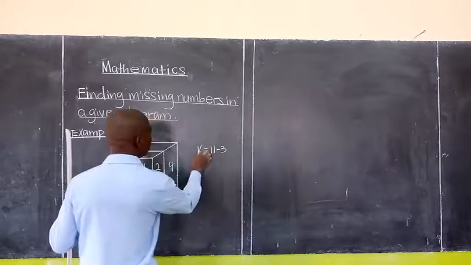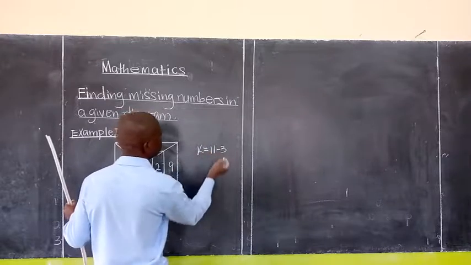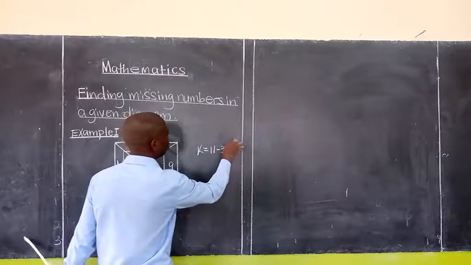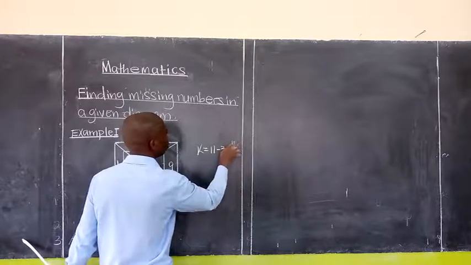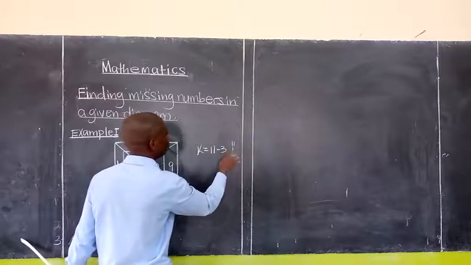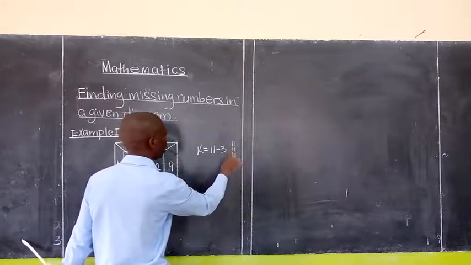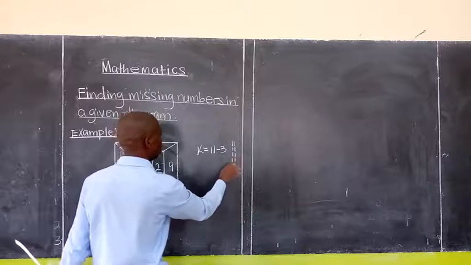Now we are having 11 take away 3. 1, 2, 3, 4, 5, 6, 7, 8, 9, 10, 11.